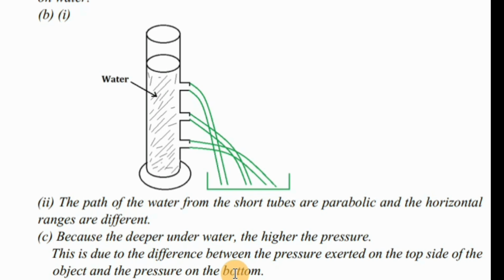So you understand that as you're moving deeper, the buoyancy is increasing. As you're moving deeper, the water is trying to push upward. That's why an object as it is sinking will experience a buoyancy force or upthrust.